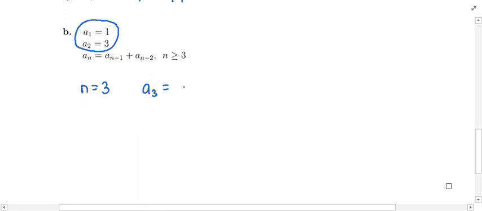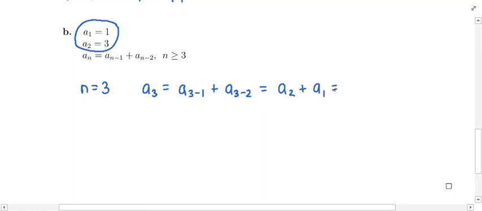We get that by doing a, the subscript is going to be n minus 1, so 3 minus 1, plus another a. The subscript this time is going to be n minus 2, so that's 3 minus 2. If we simplify, this is going to be a, the subscript is 3 minus 1, which is 2, plus a, the subscript is 3 minus 2, which is 1.